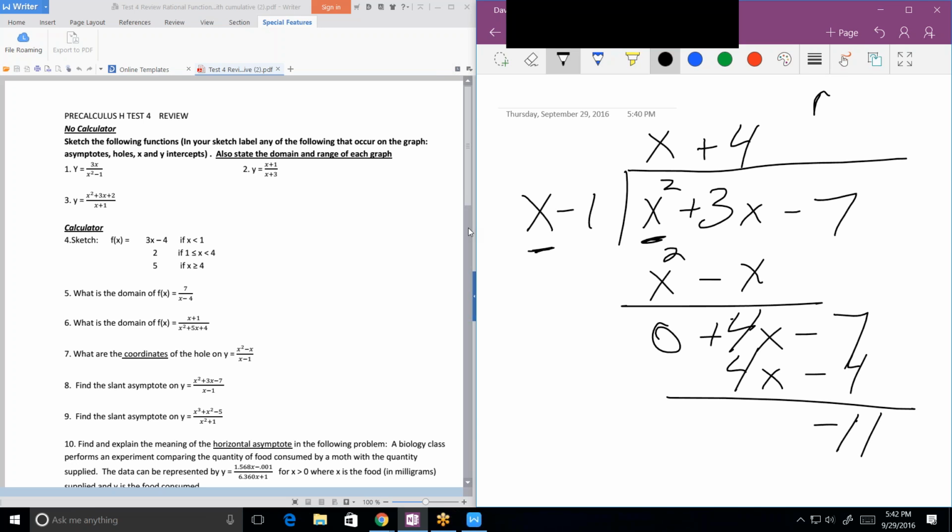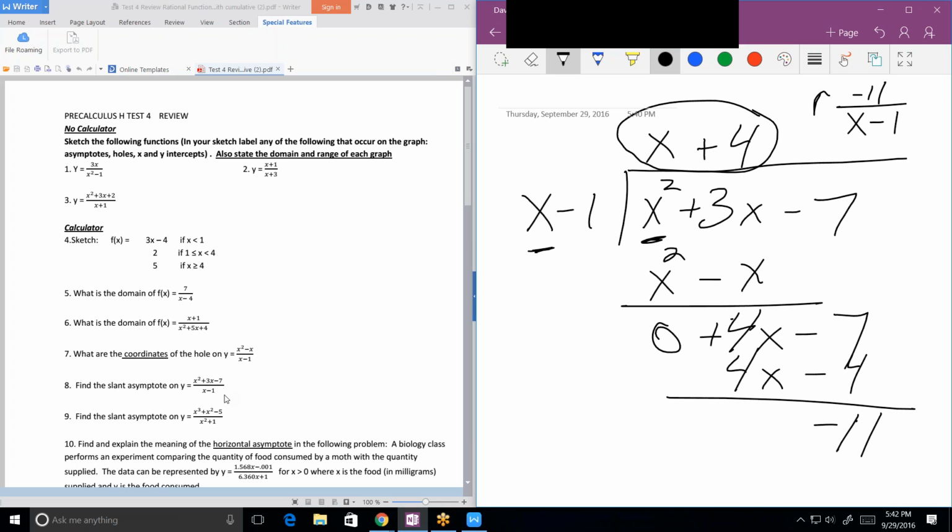So we have a remainder of minus 11, and your remainder is always divided by your divisor. So that's the answer. The equation of the slant asymptote is this linear function, always. You don't care about the remainder. I mean, you care about the remainder in the sense that it tells you you're going to have a vertical asymptote at 1, but we knew that from looking at the original function. We know there's a vertical asymptote at x equals 1.